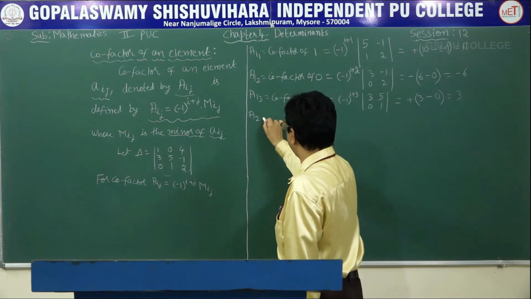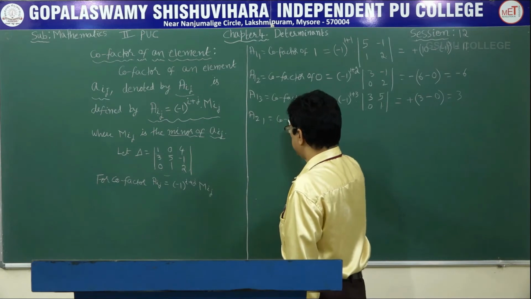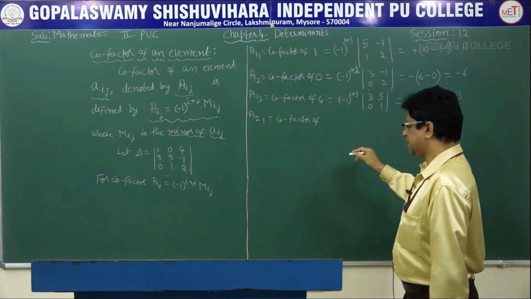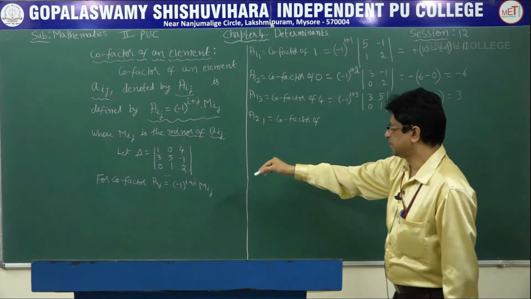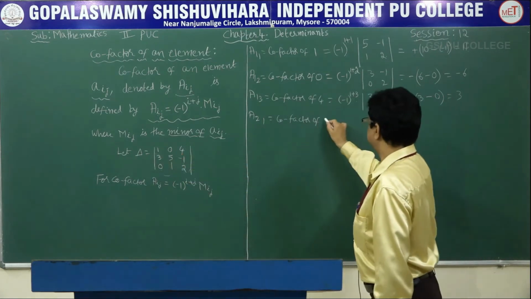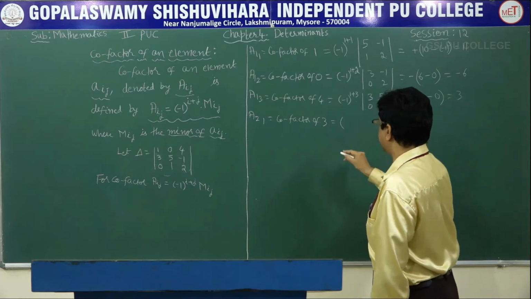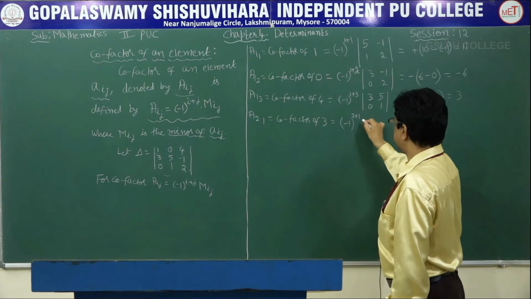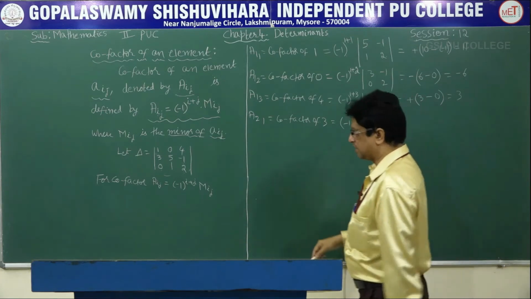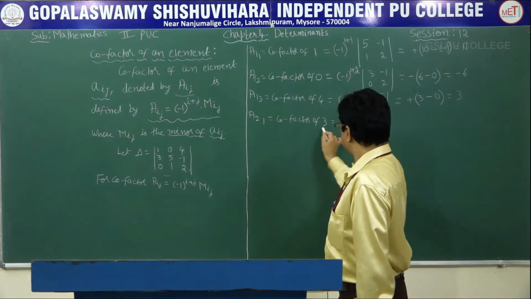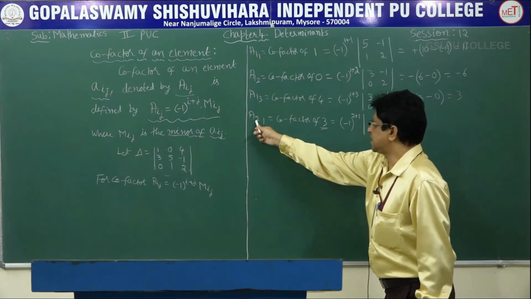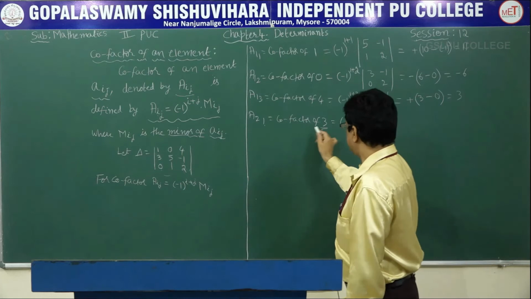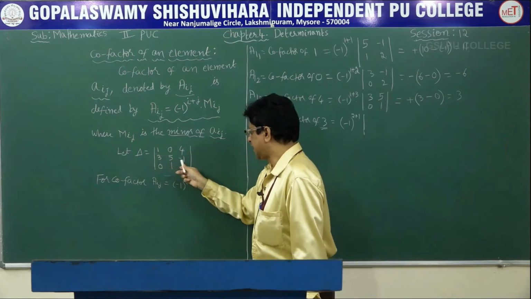Next, A21, that is equal to the cofactor of 3. That will be equal to (-1) to the power of 2 plus 1, because 3 lies in the second row and first column.